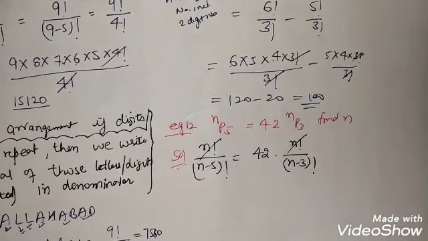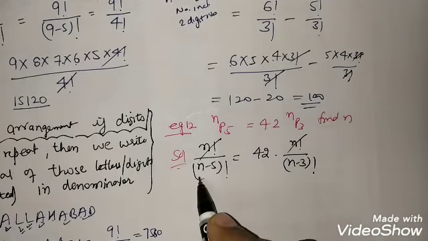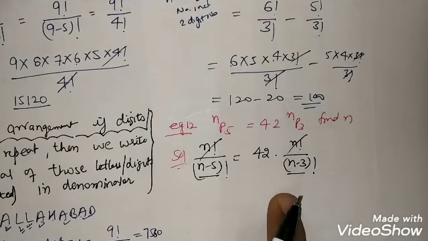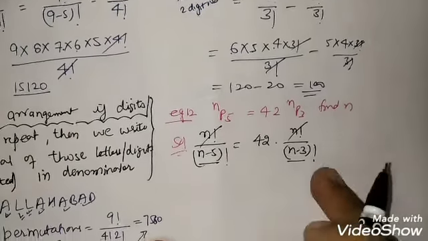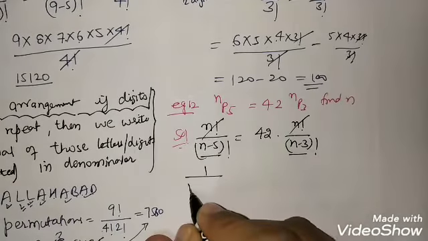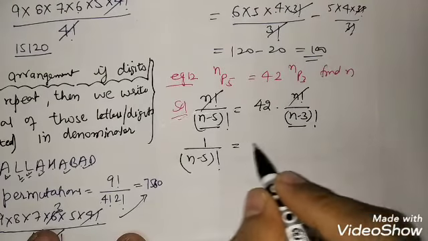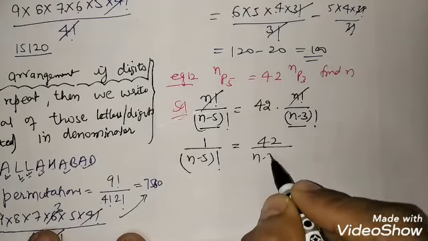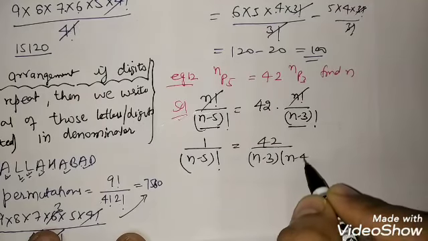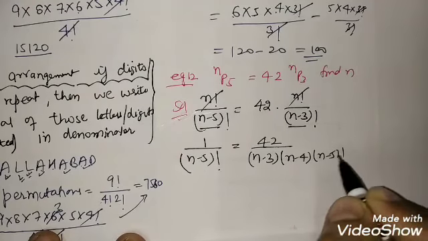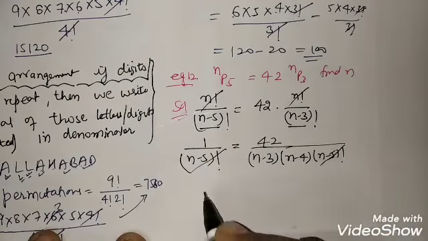N factorial will be cancelled. Among n minus 5 and n minus 3, n minus 3 is bigger than n minus 5, so I can write n minus 3 factorial as n minus 3 into n minus 4 into n minus 5 factorial. So this is equal to 42 upon that. N minus 5 factorial will be cancelled out.